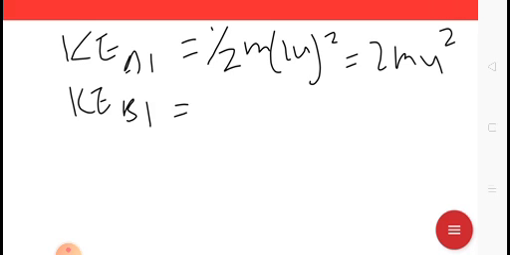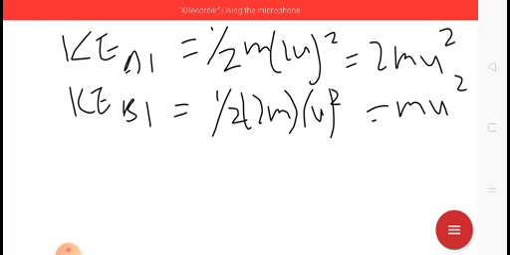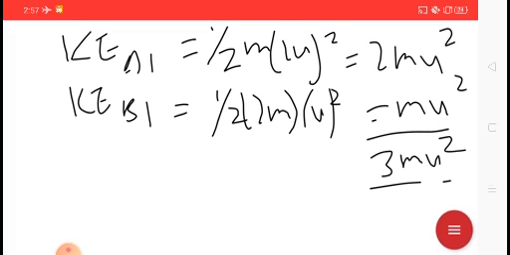KEB1, you have 1 over 2 times 2m times u squared, so you have mu squared. So total you will have 3mu squared for the beginning.